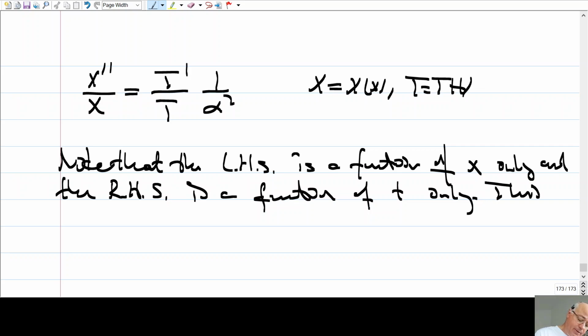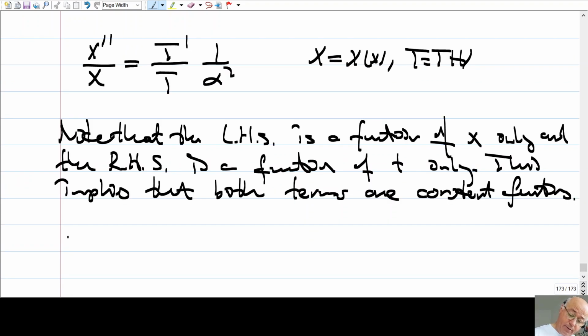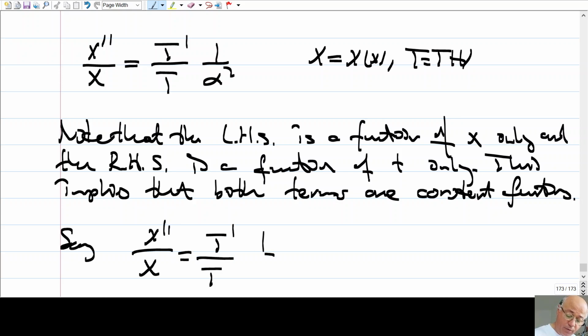This implies that both terms are constant functions. Okay. Let's say this constant function, it's a common constant, right?